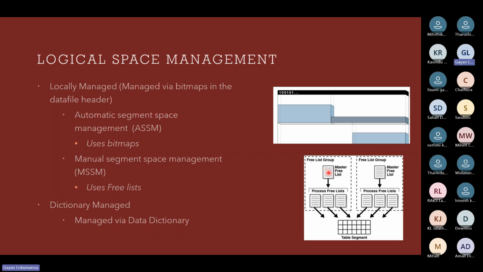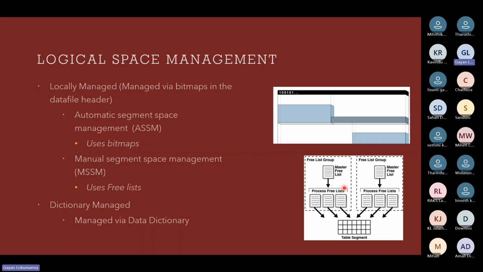This block manages the space that is available for that segment or extent. In the segment, the extents are there. As an example, maybe this free list manages 10 blocks in one extent. If a particular block reaches that PCT free value, then it will be taken out from the free list because that block is not entitled for a new insert.